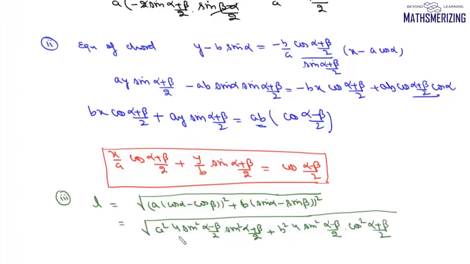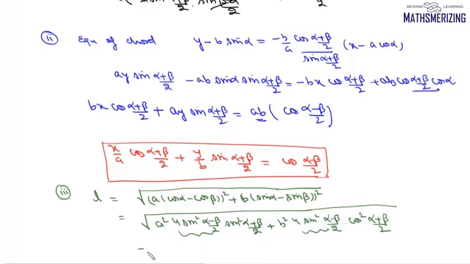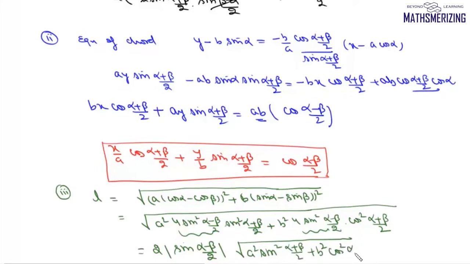Now from this we can take 4 sine square alpha minus beta by 2 common. So we'll take it common, then we can write 2 mod sine alpha minus beta upon 2, and then it'll be under root a square sine square alpha plus beta upon 2 plus b square cos square alpha plus beta upon 2, and that is the formula for length of a general chord of an ellipse.